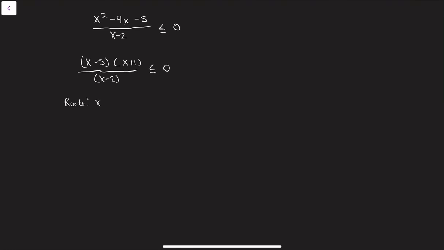We'll have x is equal to -1, x is equal to 2, and x is equal to 5. Perfect. So let's put that on a number line. We're going to have -1, 0, 1, 2, 3, 4, 5, 6. Really good.